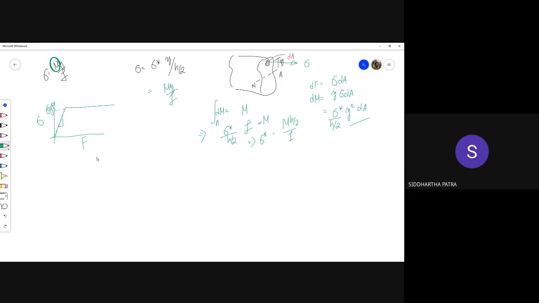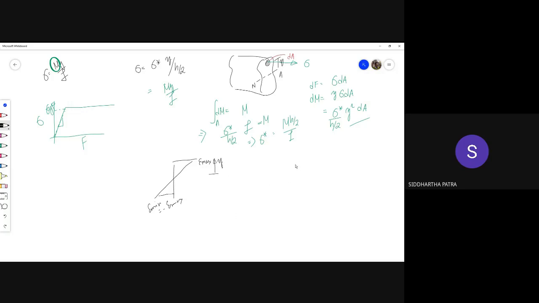So what happens in the cross section is that the deformation is such that the strain must increase like this: epsilon max, epsilon min, which is minus of epsilon max. And this is the y coordinate measured from the neutral axis.